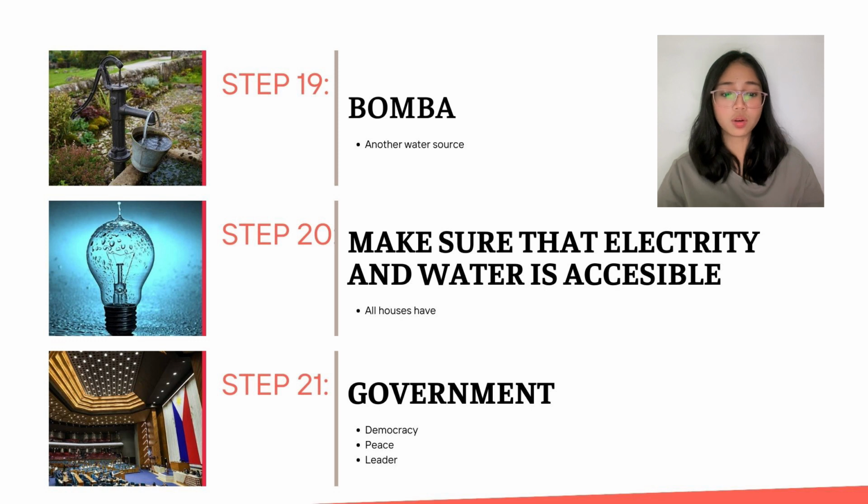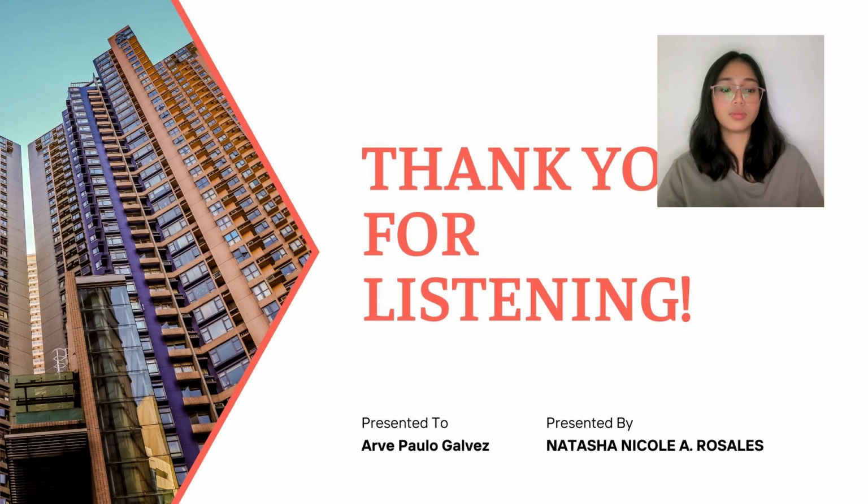Also, by having a government in a community, we can assure that peace would be maintained and also cleanliness, because we have our leader who could organize us and maintain the peace of the community. And that's all. Thank you for listening to the steps in creating a sustainable and working society or community.